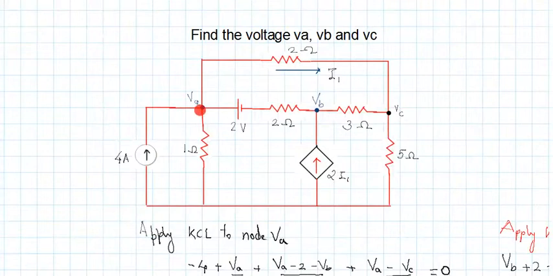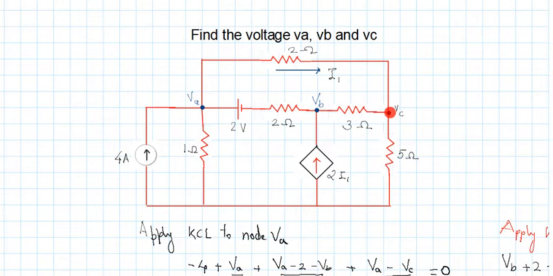When you are going to apply KCL to a particular node, identify all the possible branches. So what are the possible branches with respect to this node? This is the first branch. This will be the second branch. This will be the third branch. Is it over? No, there is one more branch here, correct?